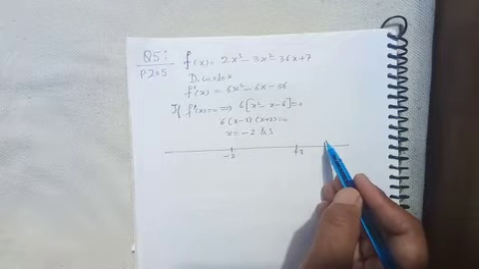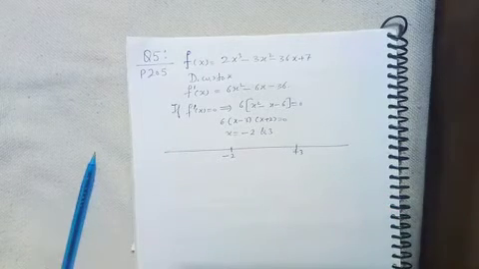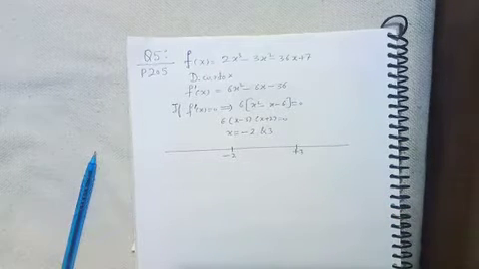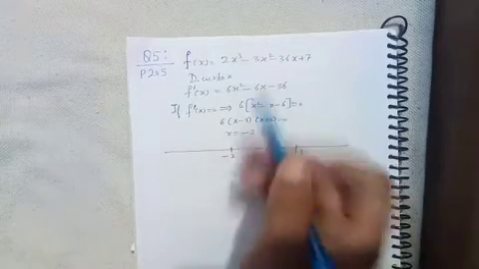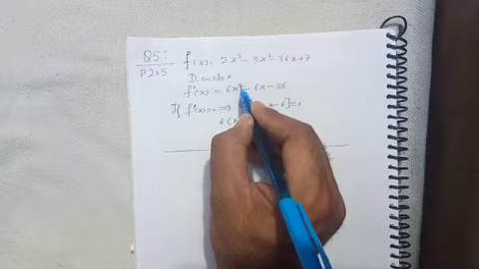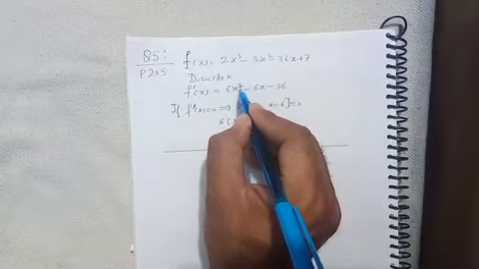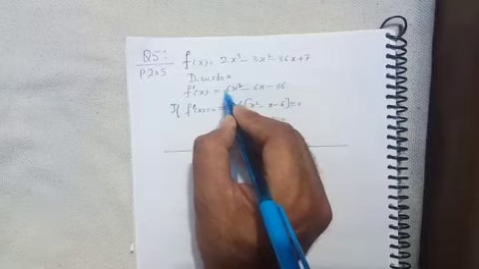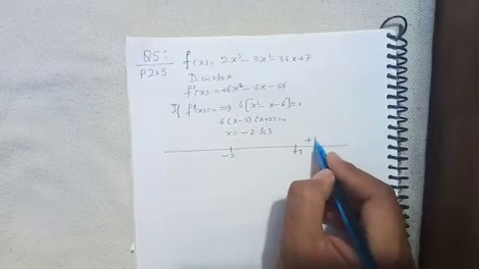Every time start with extreme right. Sign of f dash x in the extreme right interval will be the sign of the coefficient of highest degree term in f dash x. In this f dash x, highest degree term of x is x square. Its coefficient is plus 6, so extreme right will be positive.